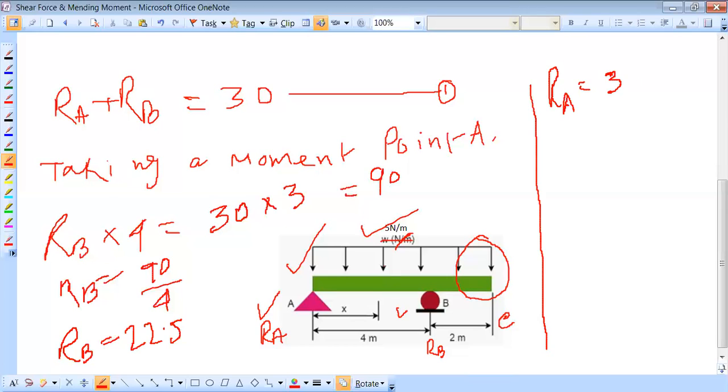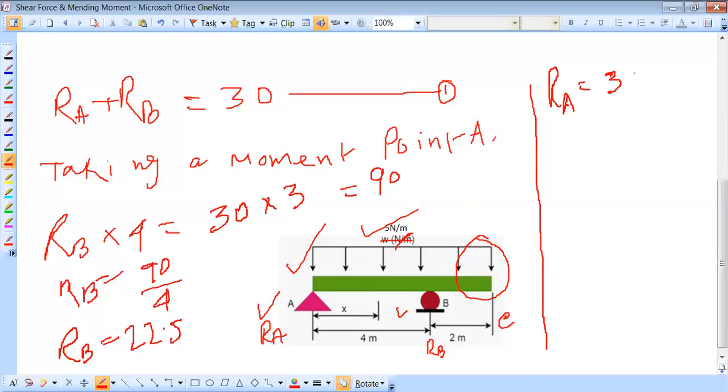You can calculate: this is 4 and this UDL is equal to 5 into 30. Check it, the 30, then middle length by 6 means 3. 30 into 3, 90. Then the total load is equal to 30.